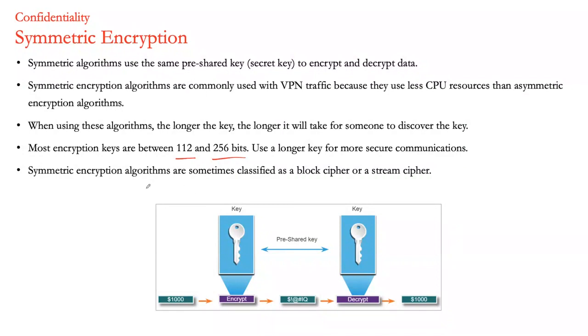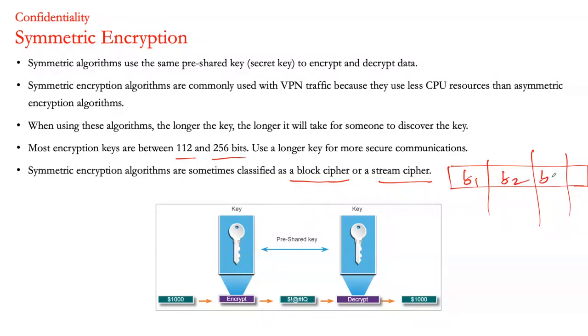These symmetric encryption algorithms are sometimes classified as block cipher or stream cipher algorithms. That means if you have a message, it is divided into equal sized blocks like block 1, block 2, block 3 and so on, and the same key is used for every block.